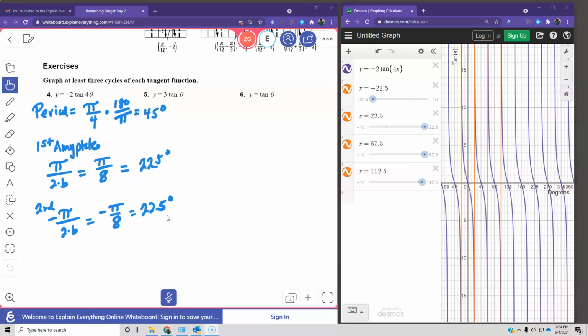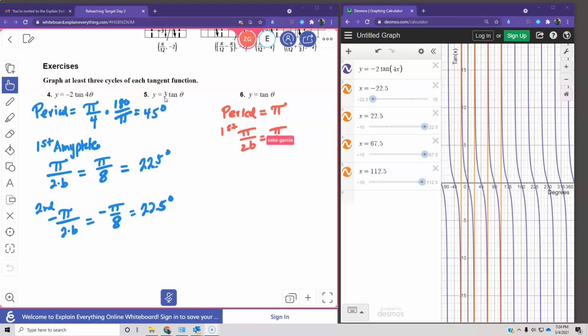Number 5 and number 6 are exactly the same. The only difference is the amplitude. So I'm not going to write it twice. We know that the period is going to be pi. We know that the first asymptote is going to be pi over 2b.